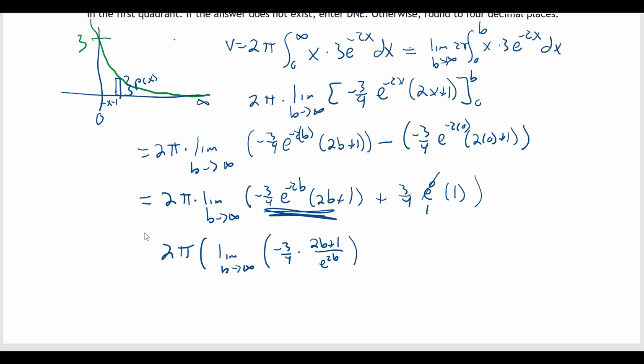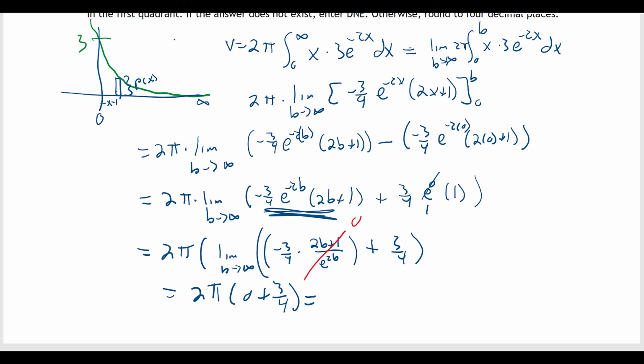So the infinity in the denominator outpaces the infinity in the numerator, plus 3/4. And in essence, this goes to 0.